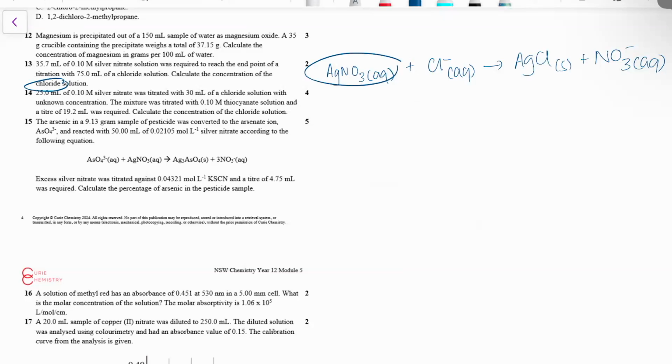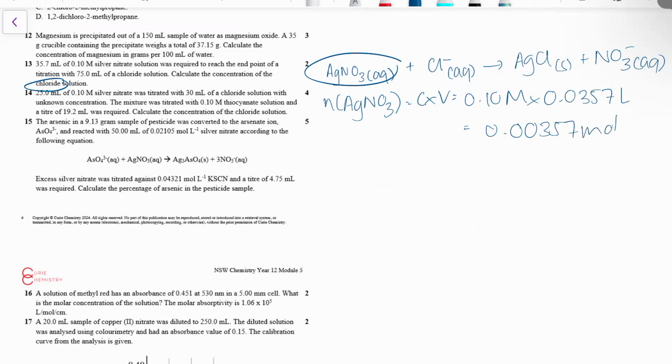Moles of AgNO3, C times V, 0.1 molar times 0.0357 liters gives you 0.00357 moles. And then what's the moles of the Cl minus going to be? The same amount. Moles of Cl minus is going to be moles of AgNO3, 0.00357 moles.